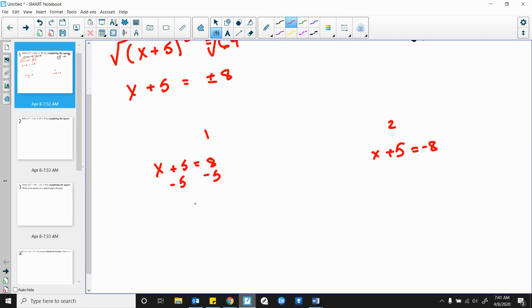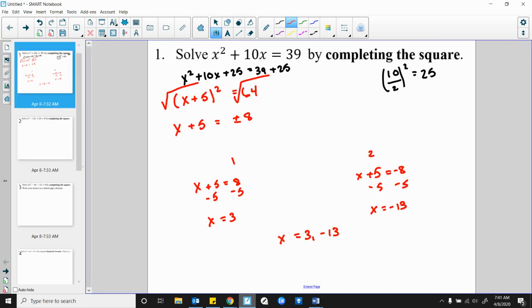Minus 5, we get x equals 3. And minus 5, we get x equals negative 13. So my two answers in this case are x equals 3 and x equals negative 13. All right, so that is your answer to the first one.